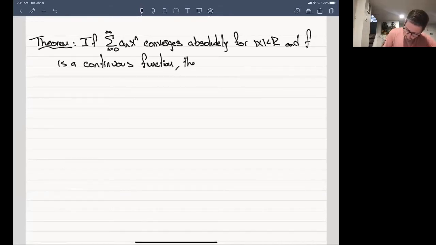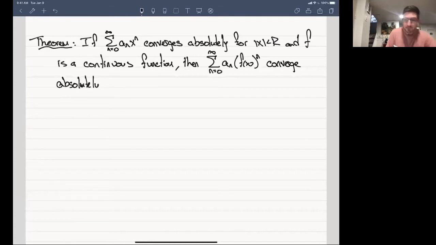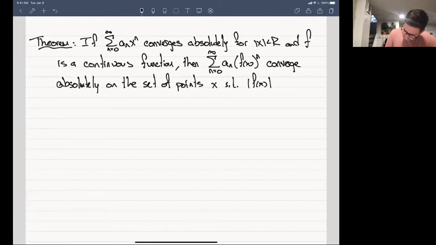Then the composition, so the series of a_n times f of x to the n, this thing will converge absolutely on the set of points x such that the absolute value of f of x is less than r. So you have to be in the region where you can get convergence for this to work.